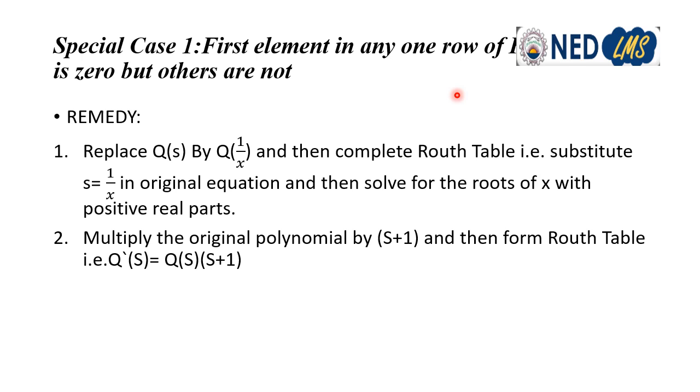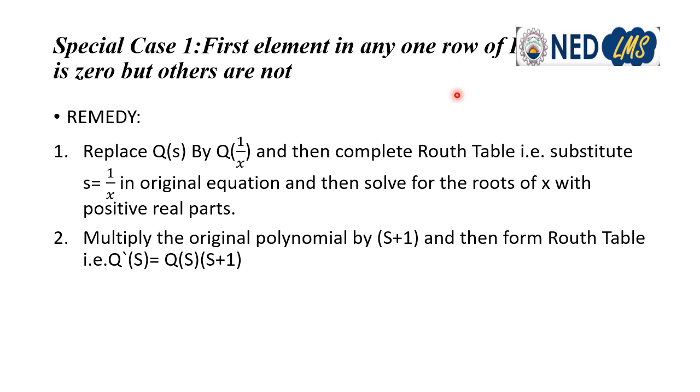It means if the first element in any row of the first column is 0, we cannot complete the Routh table in the usual manner, because dividing by 0 will give an infinite answer and we cannot proceed further to complete the Routh table. So if we have the first element in any one row of the Routh table as 0, then we use some remedy to complete the Routh table.